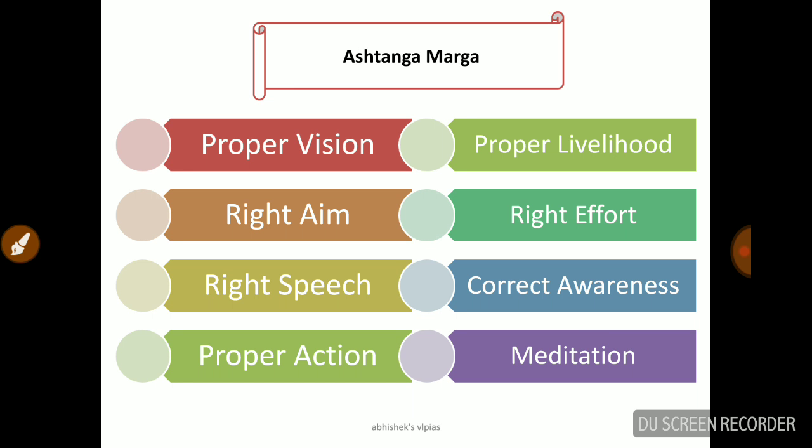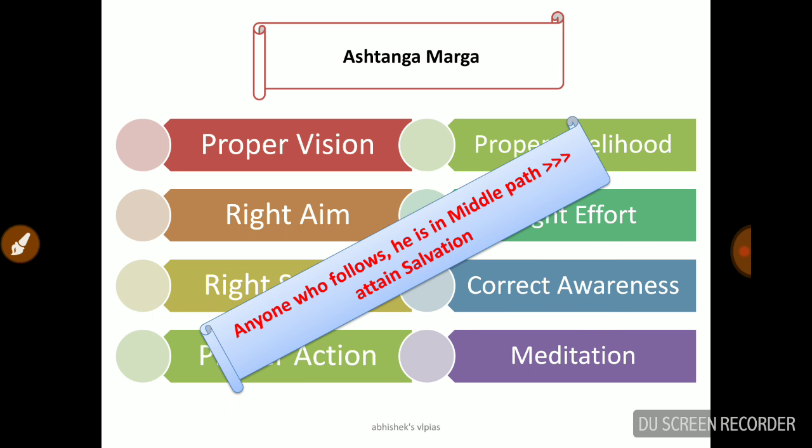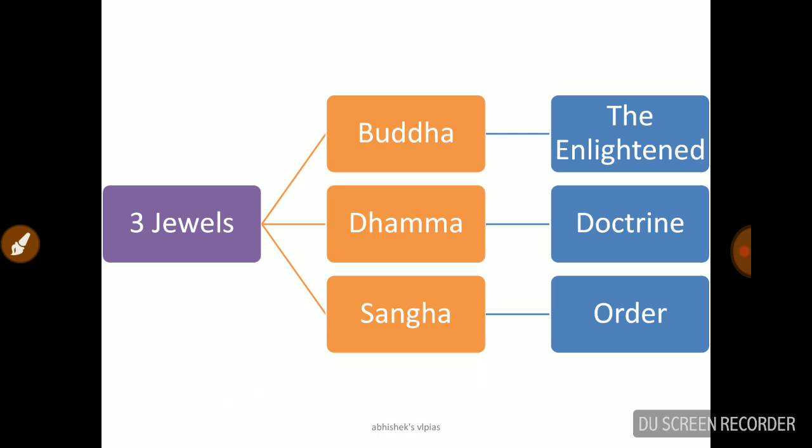Ashta means 8. So the Ashtanga Marga is the Eightfold Path we have to follow, or the disciple has to follow. Anyone who follows this path is on the middle path. At some point he will definitely attain salvation. This is the basic ideology that Buddha always follows.